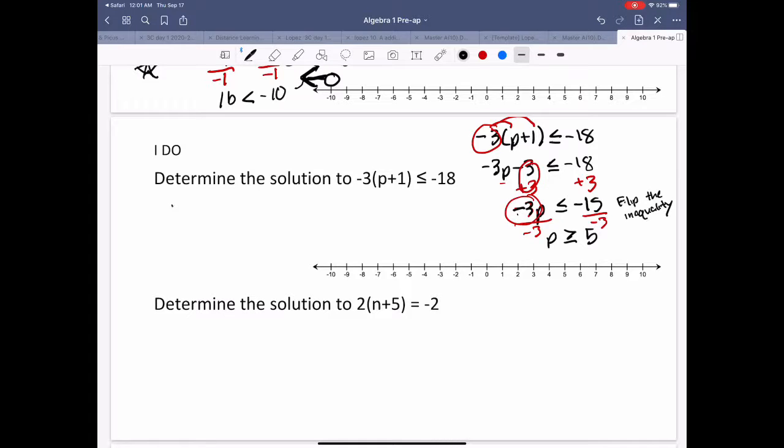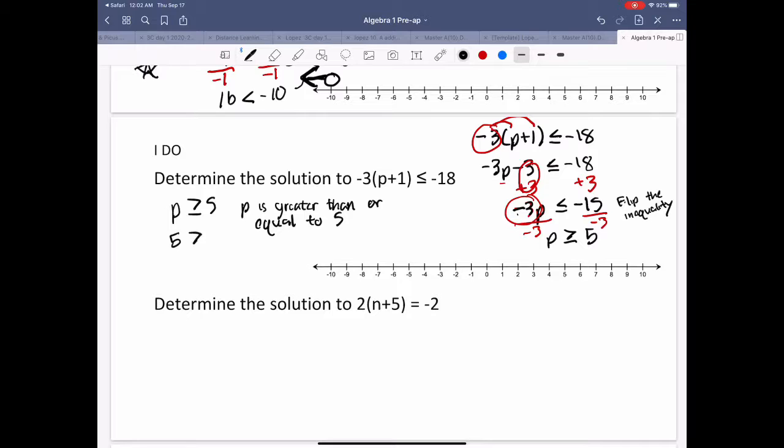Now, over here, we're going to set up our examples. p is greater than or equal to 5. At this point, I'm going to think of some numbers.